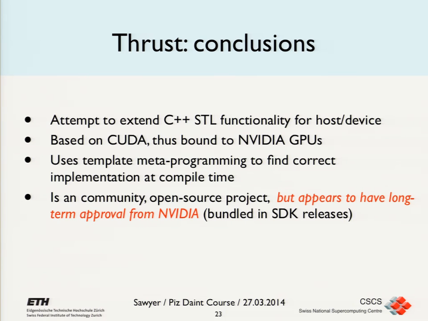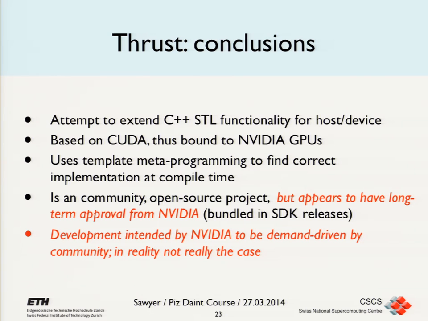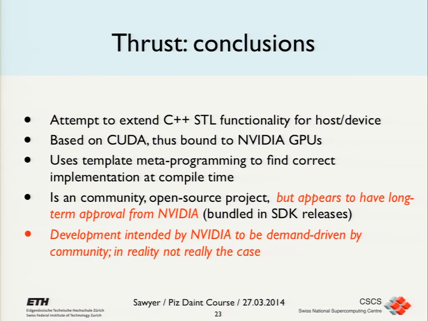But in a certain sense, it's still an official product because it's bundled into SDK releases. The idea of Nvidia is that they would start this effort and then it would somehow be taken over by the community in a demand-driven way. In reality, it's not the case. I mean, if Nvidia weren't to invest resources in this, it would probably not survive.